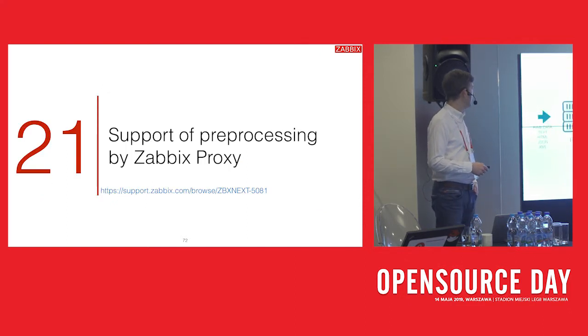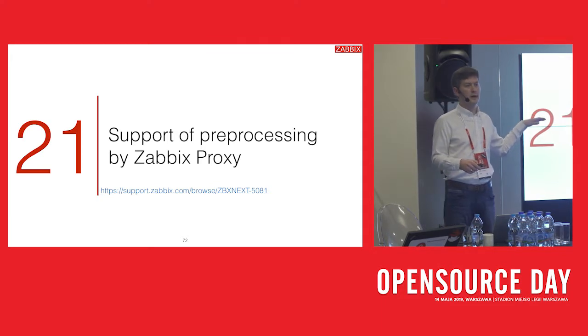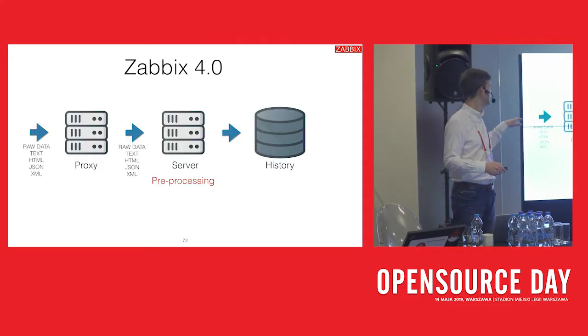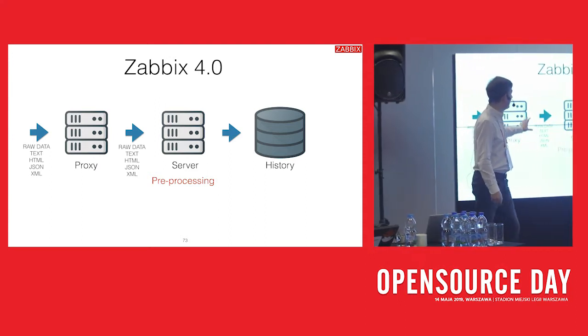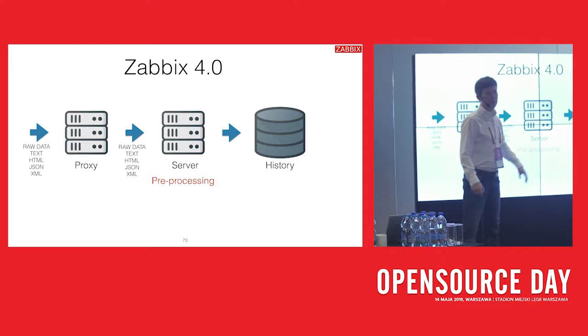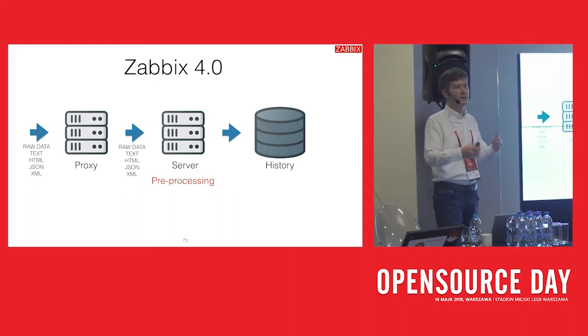Another nice feature is that preprocessing is now supported on the proxy side, which is nice. In Zabbix 4.0, the server would do everything. It would do preprocessing, all this heavy stuff.